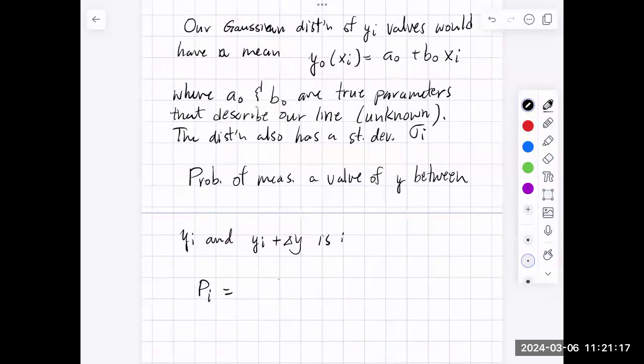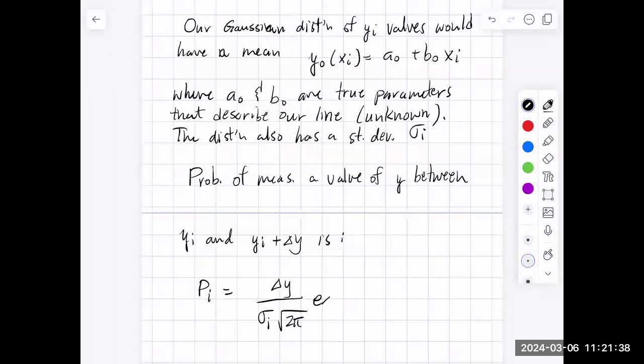We've done this a whole bunch of times. We were just writing them in terms of x, but now we're going to write them in terms of y, but everything's exactly the same. The Gaussian distribution has a 1 over root 2 pi times sigma i in the denominator. Delta y is the width of the interval that we're thinking about.